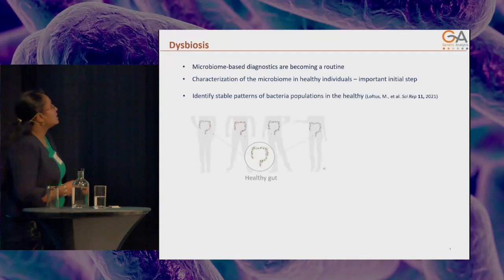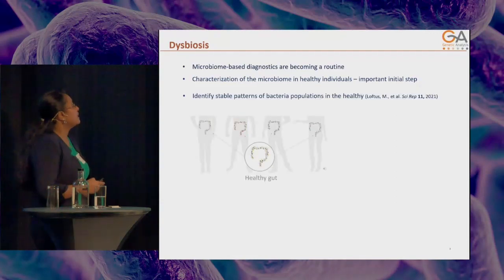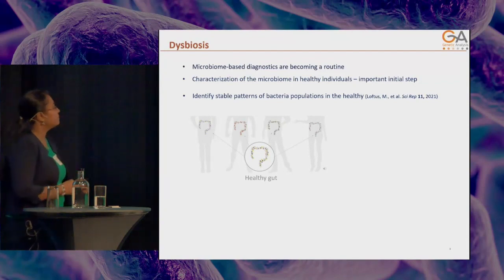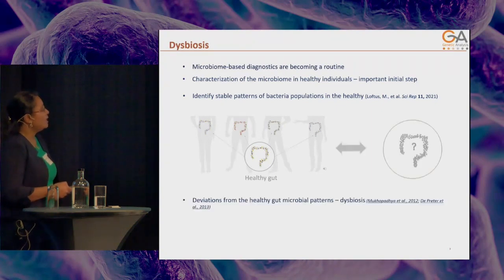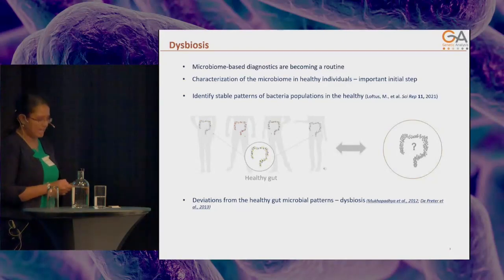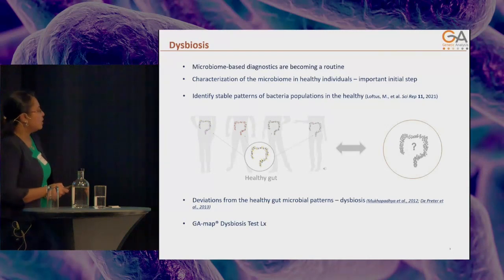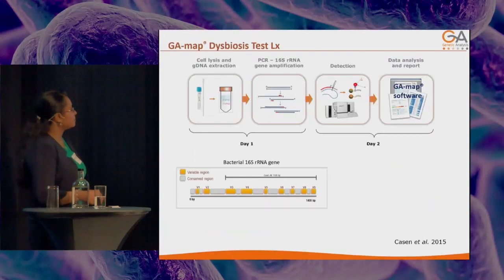Researchers have identified stable patterns of bacterial signatures that are found generally in all healthy individuals. Any deviation from this healthy gut microbial pattern is often referred to as dysbiosis. So in order to predict if a given sample is closer to a healthy gut or a dysbiotic gut, we have developed the GMAP dysbiosis test.